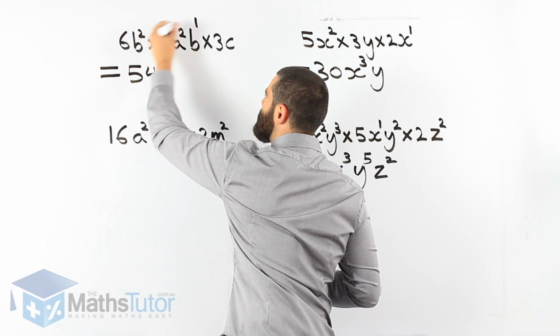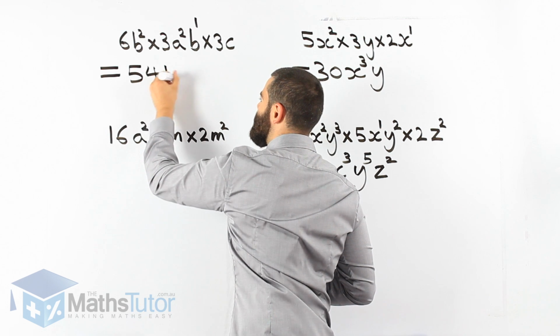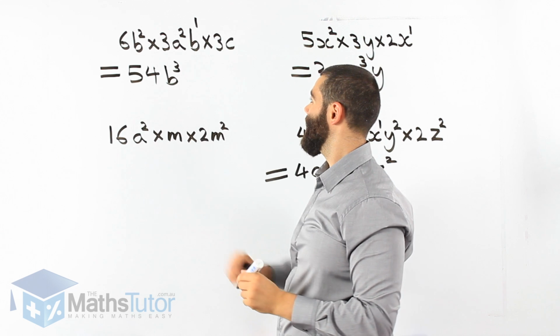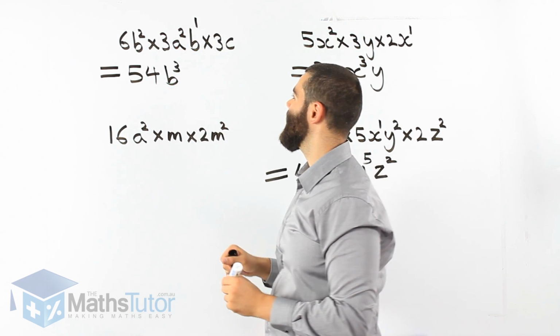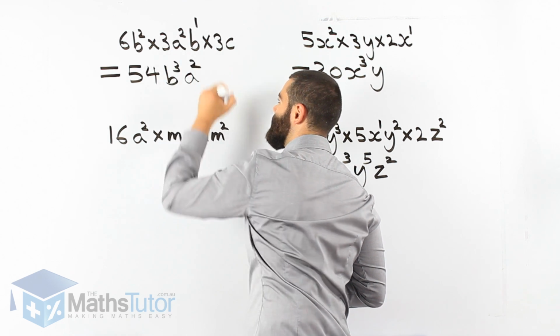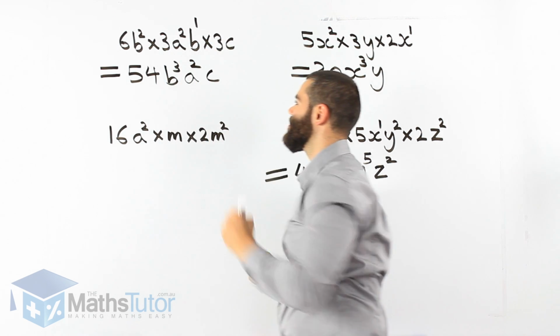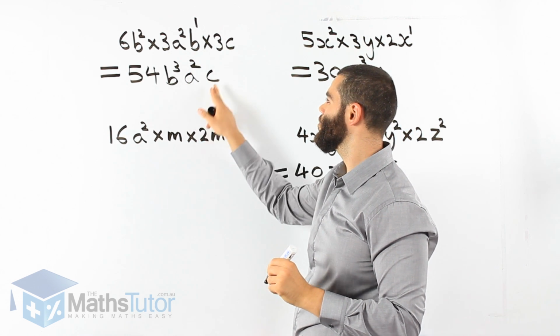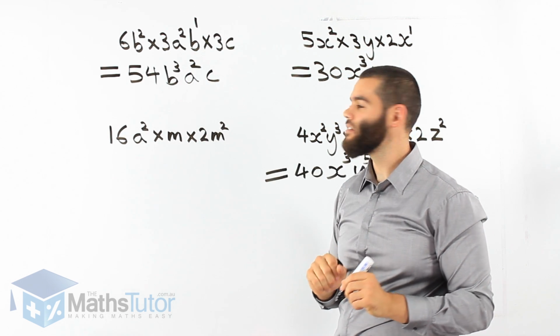So b squared and b, we add them up. We have b to the power of 3. And we have a squared. Does it have anyone else to multiply with? No. a squared and the c at the end. 54, b to the power of 3, a to the power of 2, and c at the end.